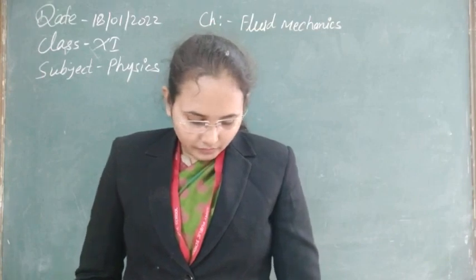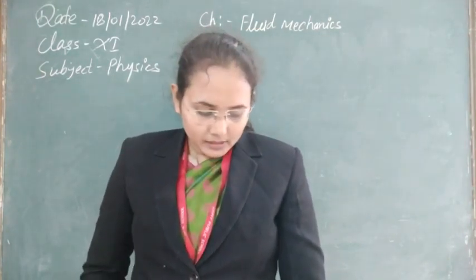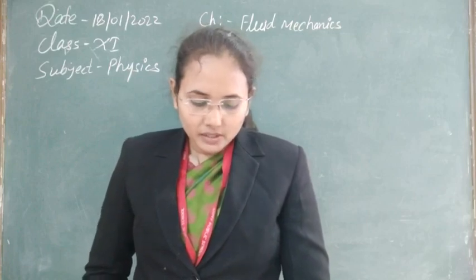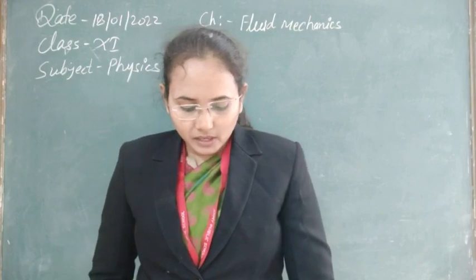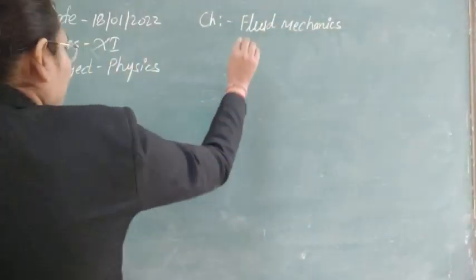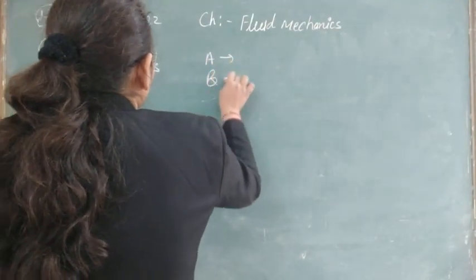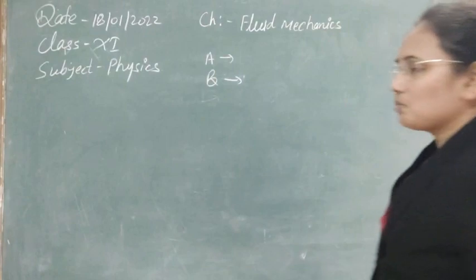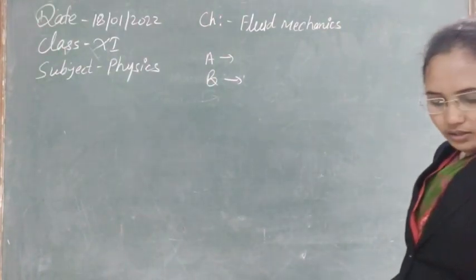So next, the first question for the hydraulic lift we have, that is, in a car lift, compressed air exerts a force F1 on a small piston having a radius of 5 centimeter. So we have two pistons here. Suppose piston A and piston B we have, and A is the smaller piston and B is the larger piston.